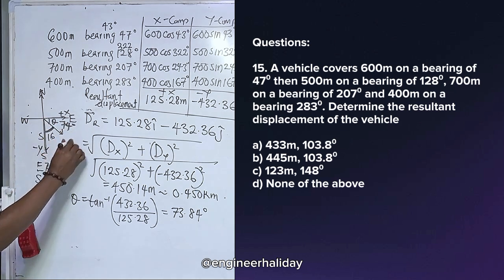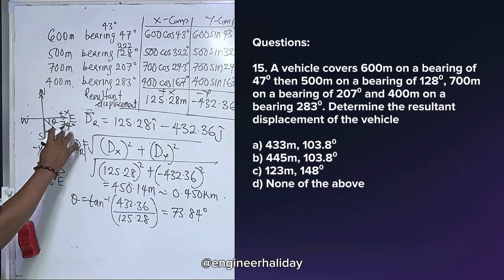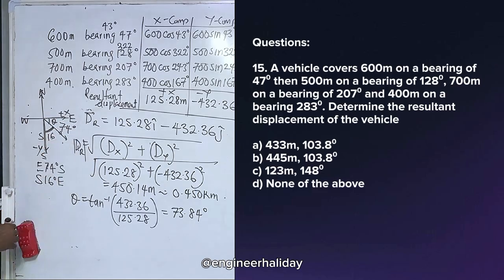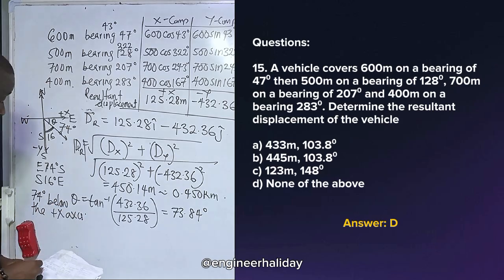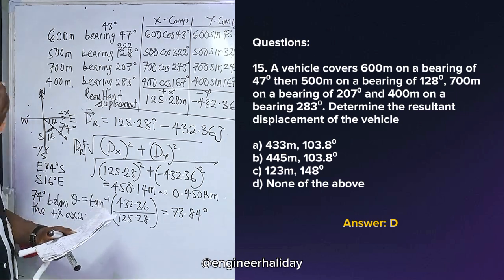Please take note of that. You can also say 74 degrees below the positive x-axis. Check the other previous video. So these are the answers of this video.